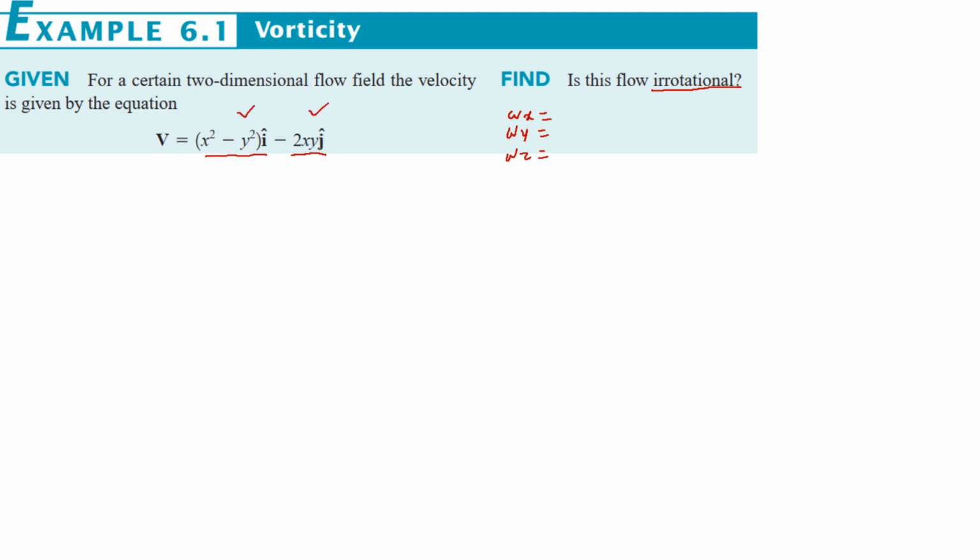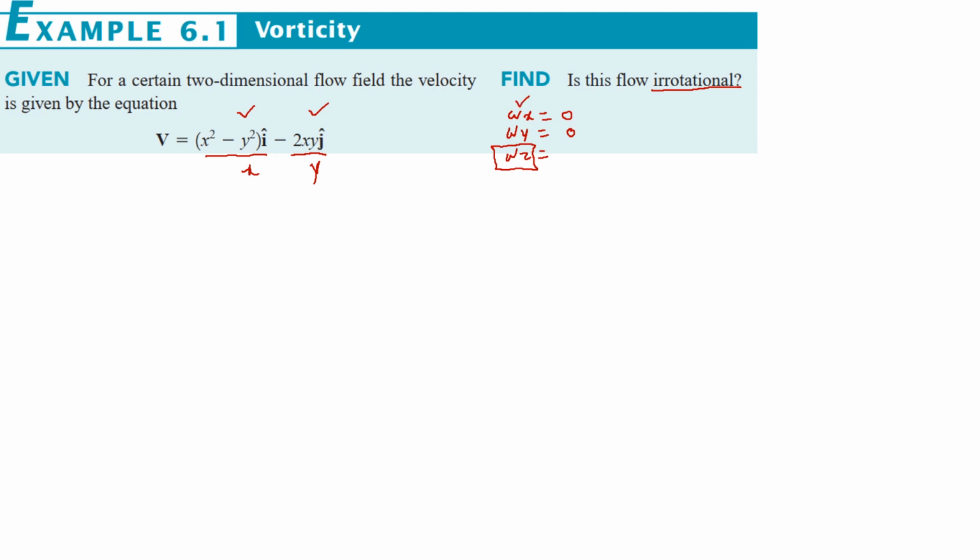So we will take the rotation along the z-axis and put these components of velocity in that term, and we will see whether it will rotate or not. For this flow to be irrotational, all these rotation components along x, y and z must be 0.